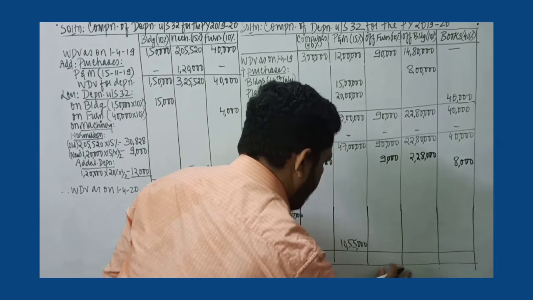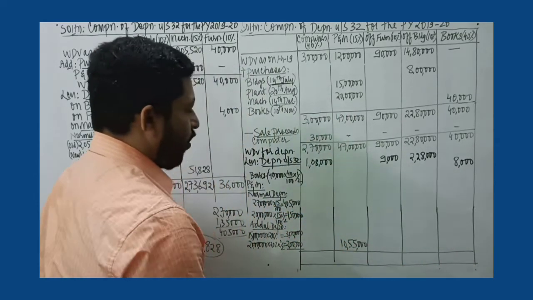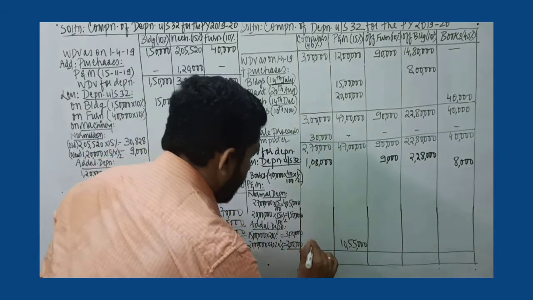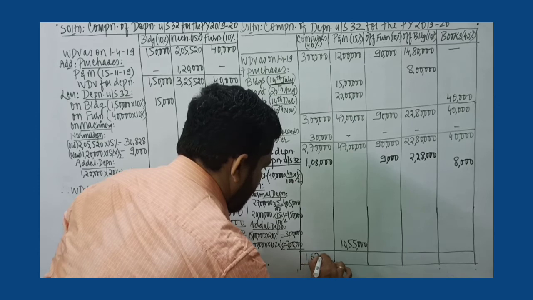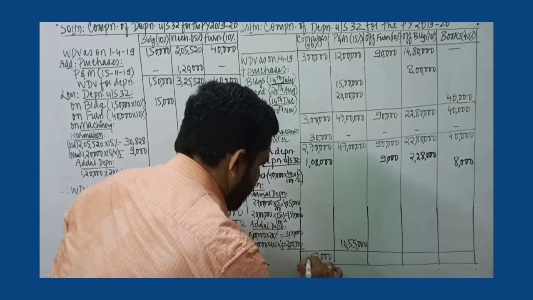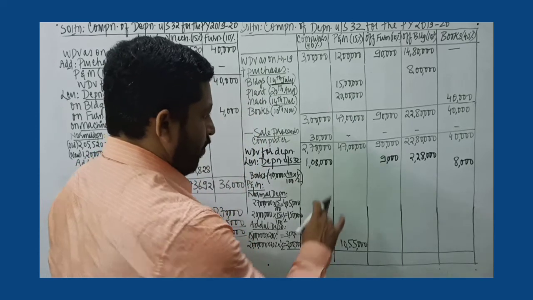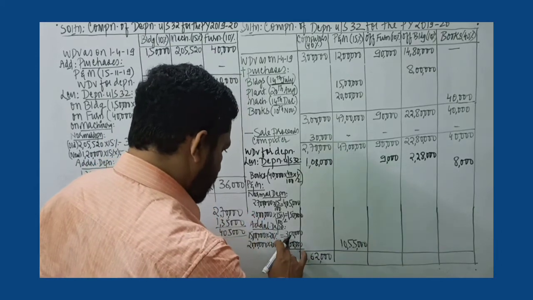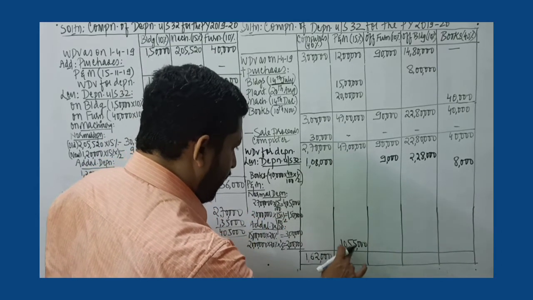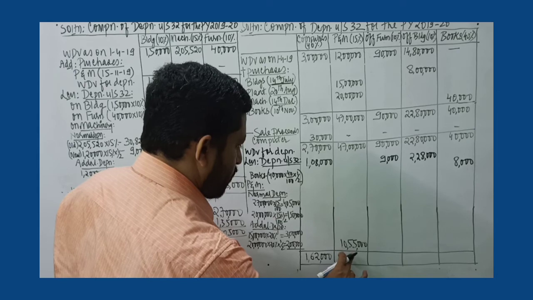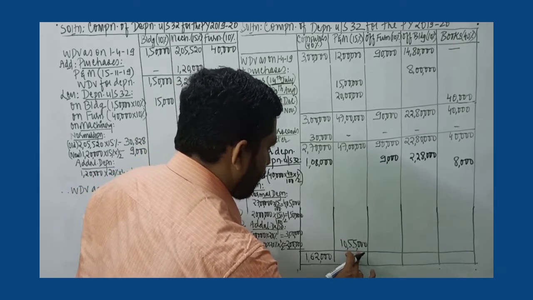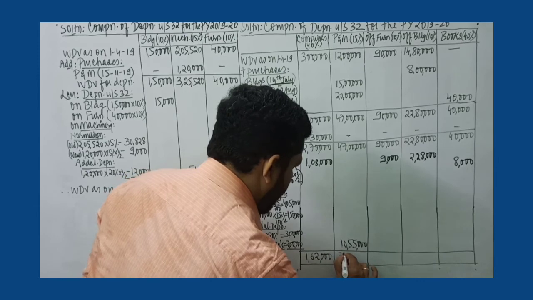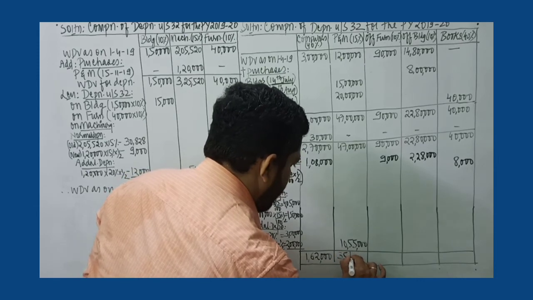And after deducting depreciation, the value of all the assets as far as computers is concerned, we will get 1,62,000. Then 47 lakh minus 10 lakh 55,000. So 47 minus 11 would be 35 lakh 45,000.